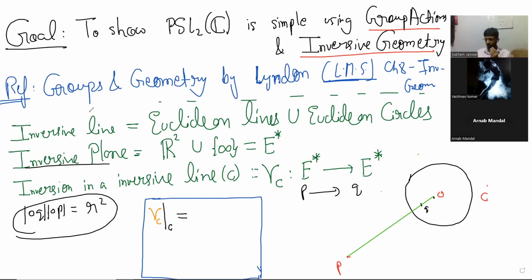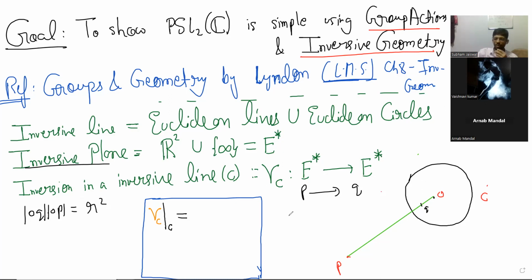If the point P is far away from the circle, then how can OP and OQ multiplying give the radius squared? Why not? Then OQ has to be very small. But they're not on the circle, right? Yeah, but if P is very far, then Q has to be very small. That is the condition that is forced, right?